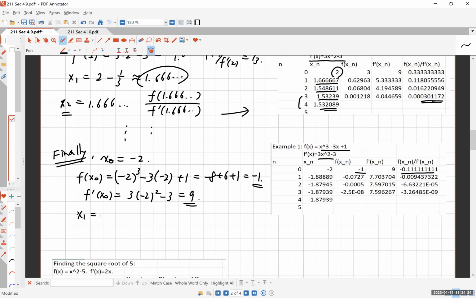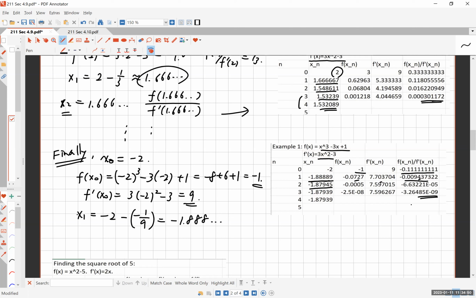x1 is going to be -2 minus -1/9, and this will be -1.88888, which is what we found. Repeat this, and x1 minus this is going to give you x2. Repeating again, by this time the numbers are in the billionths.